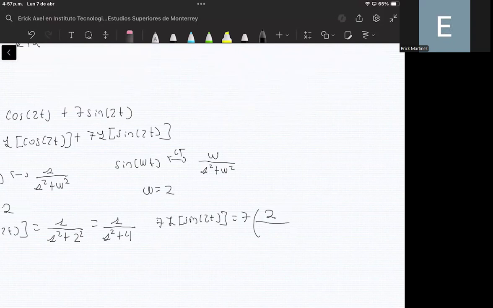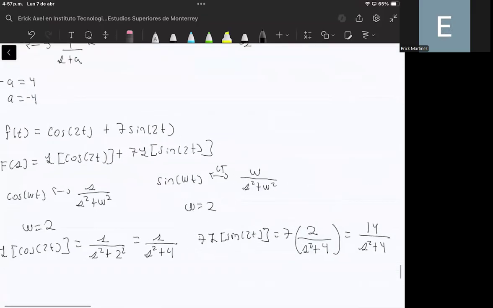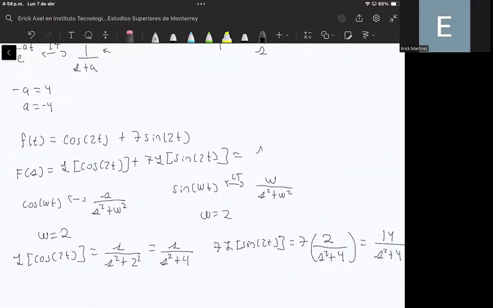And this is divided by s squared plus omega squared, but omega squared is 4. So we can say that the Laplace transform is equal to 14 divided by s squared plus 4. So the Laplace transform is as follows. We have s divided by s squared plus 4 plus 14 divided by s squared plus 4.